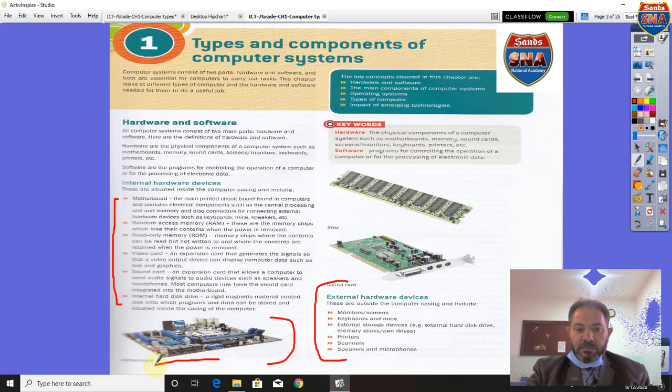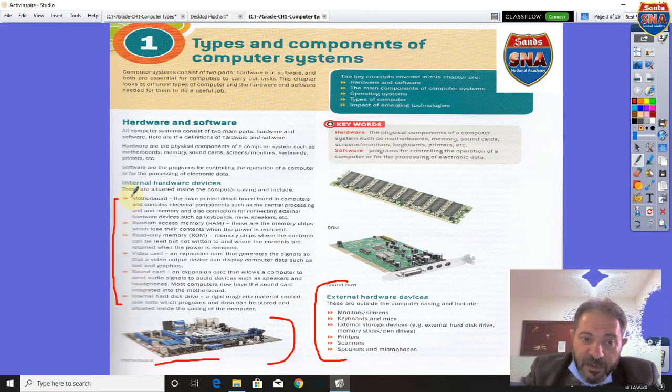Let's see the first one of the internal hardware: the motherboard. It is the main printed circuit board found in a computer, and it contains electrical components such as the central processing unit, with hardware devices connected directly to it.